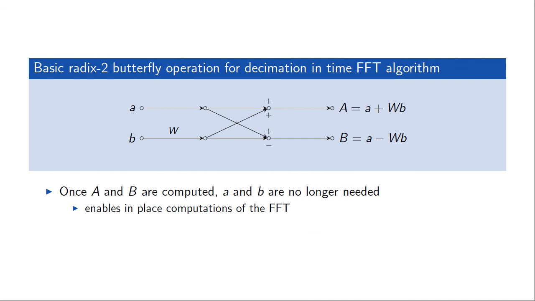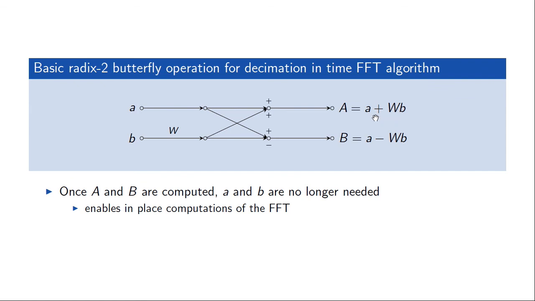Another note to make is that all of the operations within the FFT algorithm are of this butterfly type. We typically take two numbers, we multiply one of the numbers, in this case lowercase b, with a complex weight, we add them together and we take the difference. The thing to note here is that as soon as we've computed uppercase A and B in this operation, we no longer have any need for lowercase a and b in the algorithm.